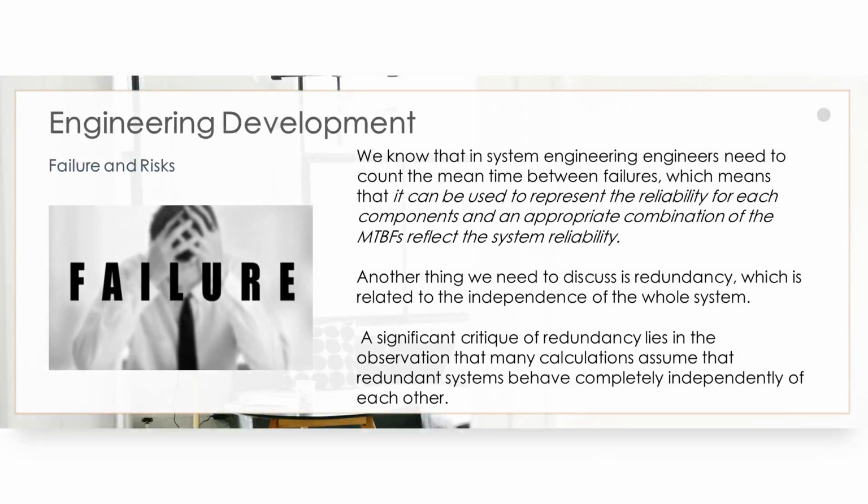Another thing we need to discuss is redundancy. This is related to the independence of the whole system. That means that if one part of the system doesn't work, whether the other components can still work. You know, I have seen a series about plane accidents.